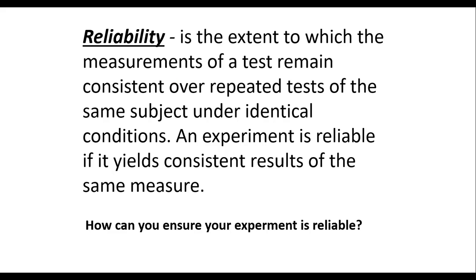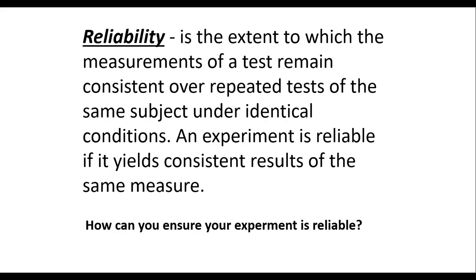It gets mixed up with reproducibility a lot, but basically reliability is if you've set out a method and you did exactly the same thing again the next day using the same equipment, using the same measurements, doing everything exactly the same, you should be getting consistent results. We obviously know there could be some errors here and there, but you should be getting consistent results that are similar. So that is the reliability.